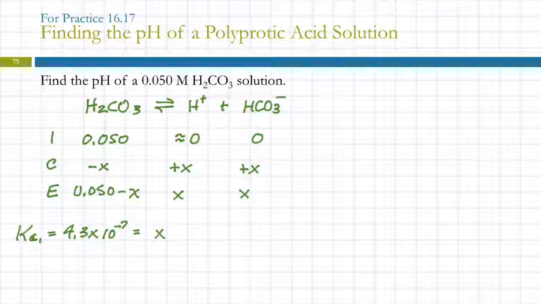And that's going to be equal to X times X, X squared, divided by 0.050 minus X. So I'm just going to stick that in my solver. I'm getting 1.46 times 10 to the minus 4.